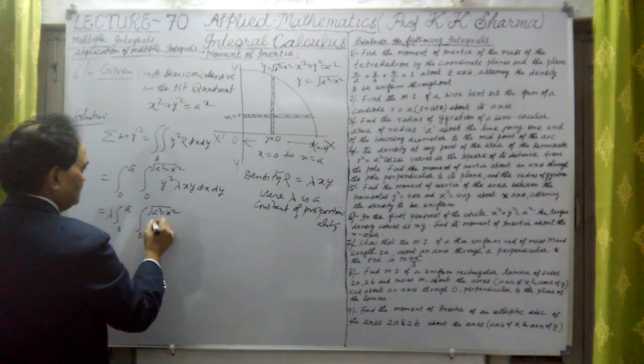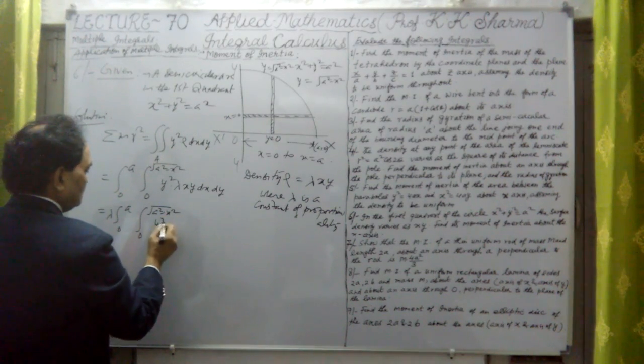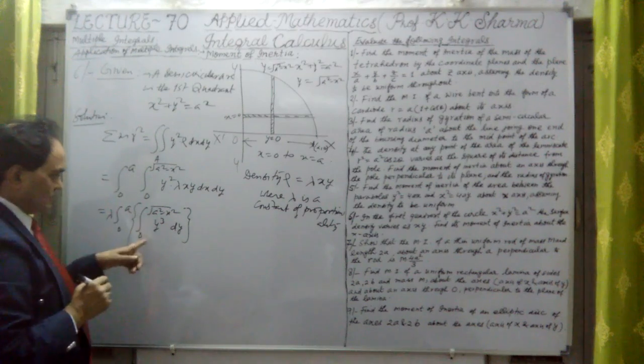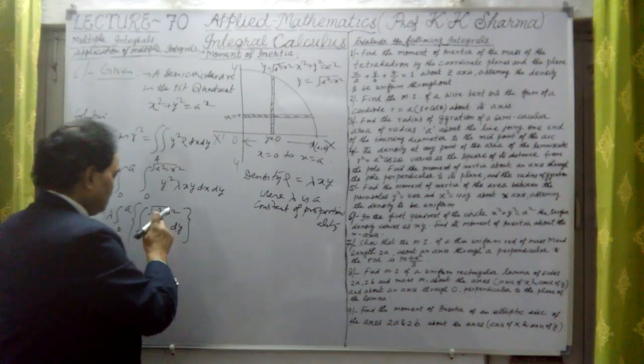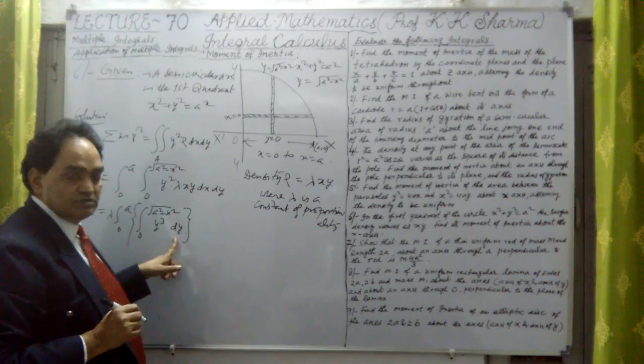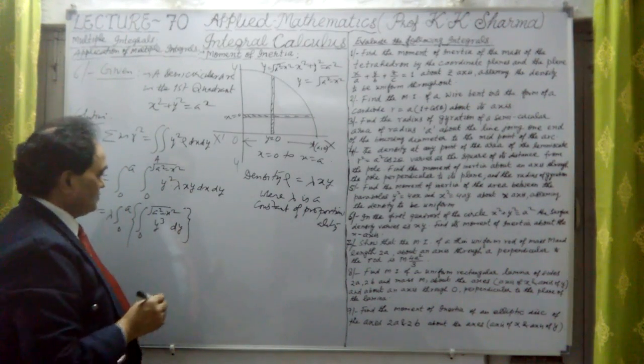Rho density is lambda into xy into dx dy. Lambda is constant, so it is taken outside. The integral of y square times y is y cube. The limits of y are 0 to under root a square minus x square, which is in terms of variable x. First we have to integrate with respect to y, then dx.